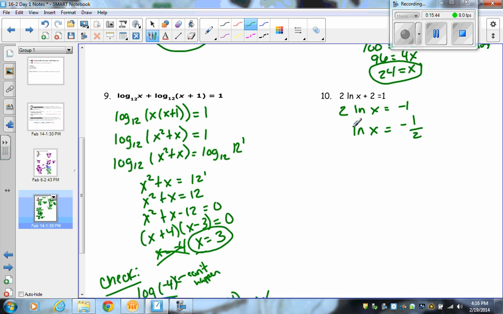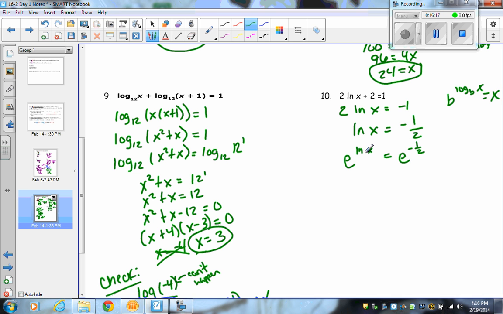I can get rid of the natural log by using the base of e. So I can say e to the ln of x. And what I do to one side, I have to do to the other. And remember, there's really a little e right here. And we have that log property that says if you have a base raised to the log of that same base of x, then it's just going to equal x.